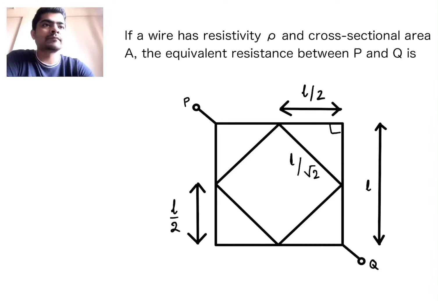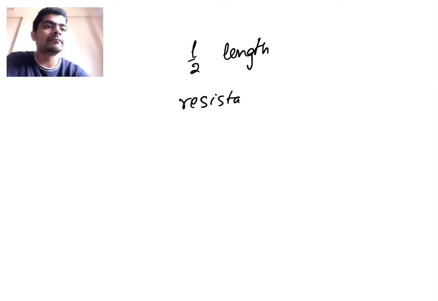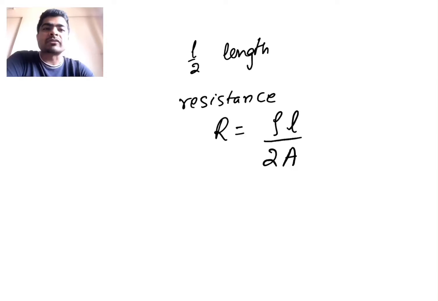Alright, now first of all let's find the resistance of this length L by 2. For L by 2 length, resistance R will be rho into length by area. So length is L by 2 divided by area A. So this is the resistance of the length L by 2.